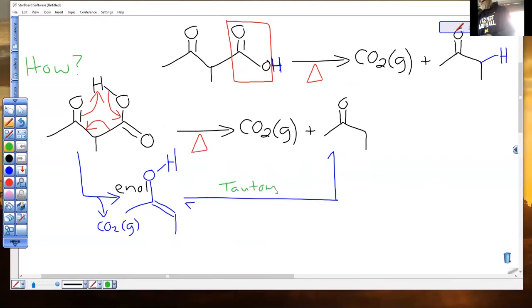So how does the H move from this position to the alpha position? This is the alpha position that it's got to move to right here. Well, the pi bond is going to grab an H from a different molecule, and then the sigma is going to become a pi, and you're going to lose a point if you leave it like that, because this carbon cannot reach this hydrogen.